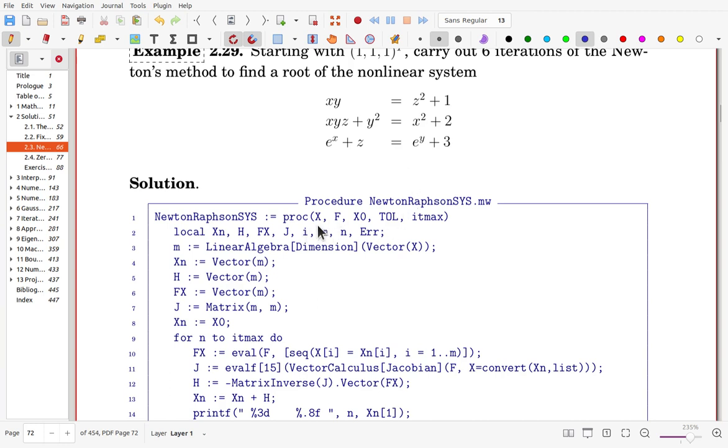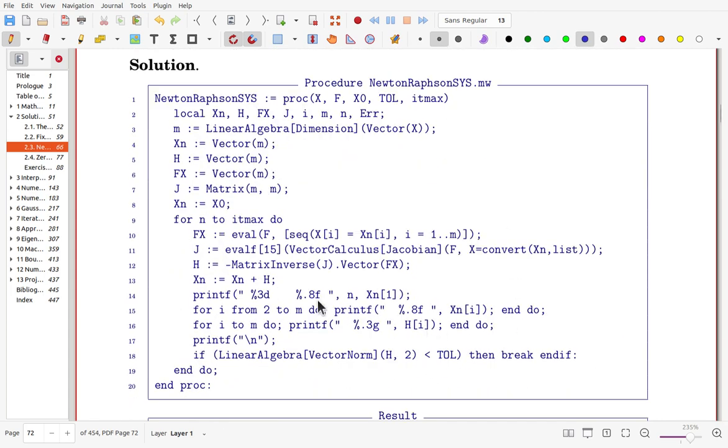So x includes the variables in this expression.